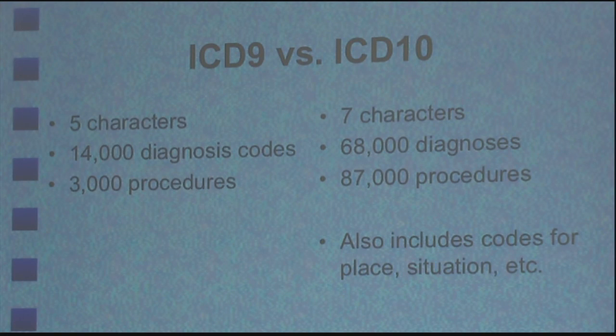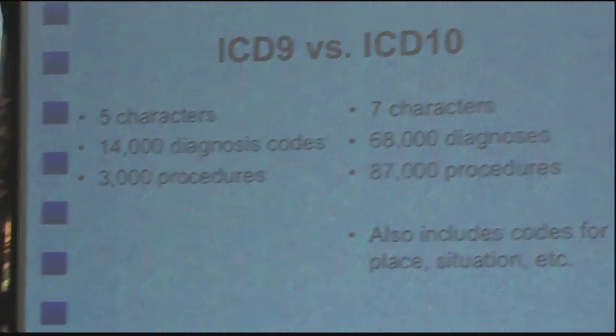Now the new one, look at this, 68,000 diagnoses, 87,000 procedures, which means not just which vein, but which side of that vein, like down to the microscopic almost level, and 7 characters, so, lots of room.